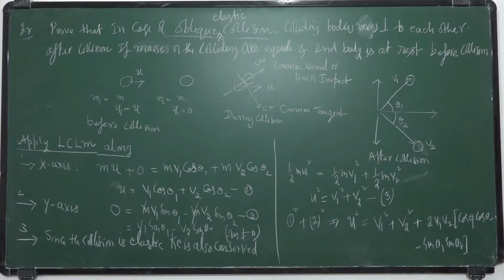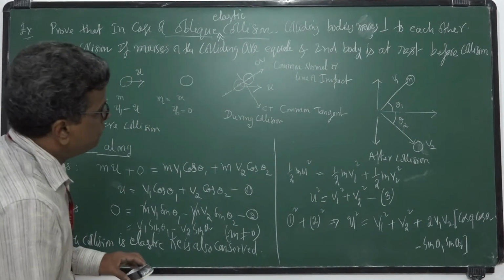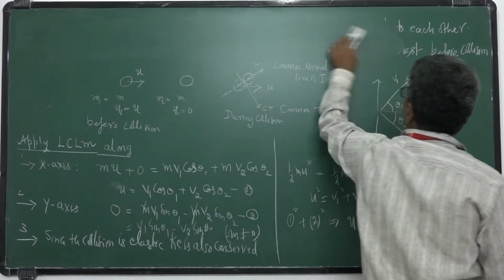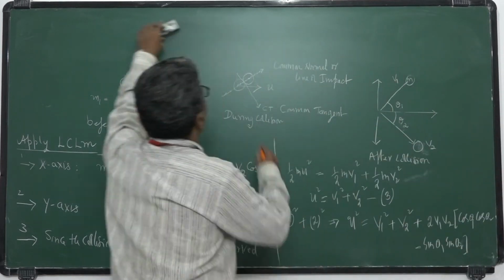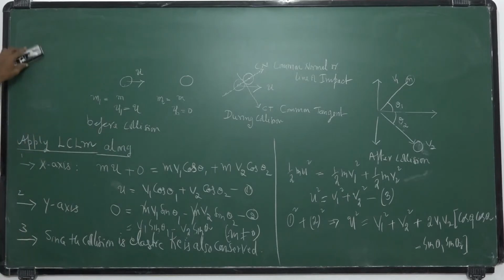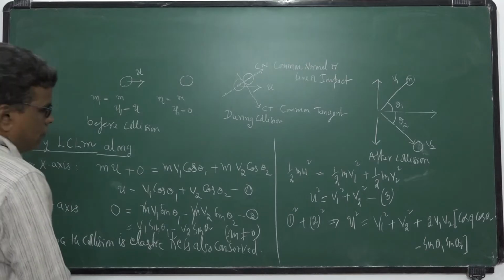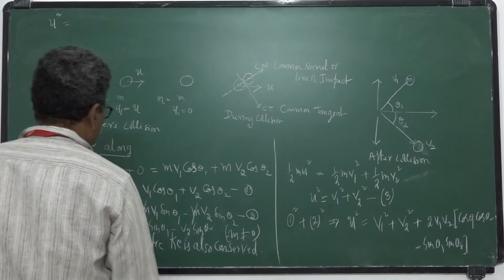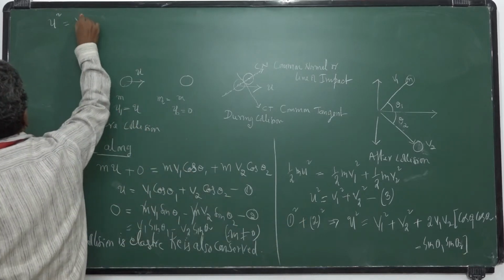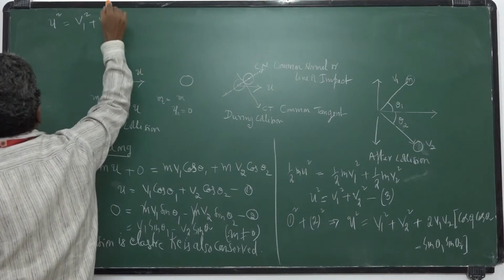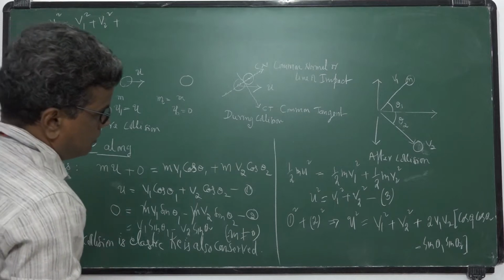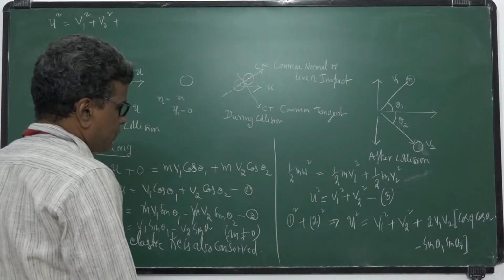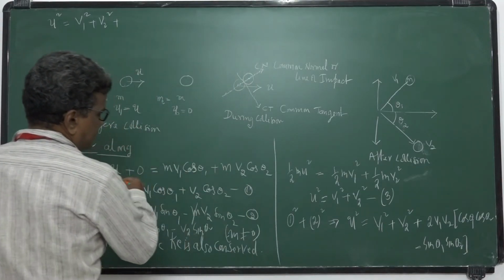You get u square equals v1 square plus v2 square plus 2 v1 v2 times cos theta 1 cos theta 2 minus sin theta 1 sin theta 2.